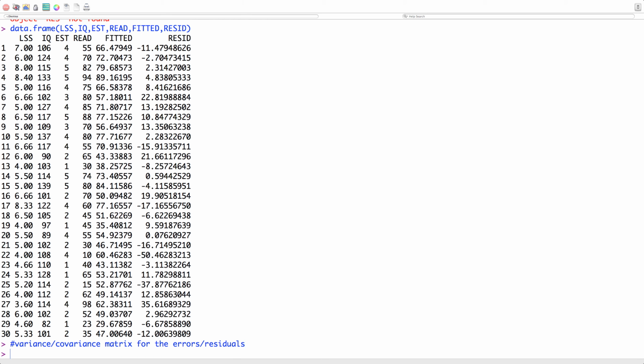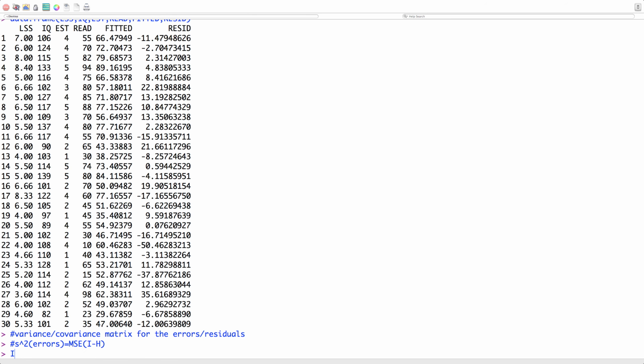Now, this is found by taking our mean square error times our identity matrix minus our hat matrix. So the first thing we've got to do is create a hat matrix, and we've got to create our identity matrix, and we've got to use our hat matrix.